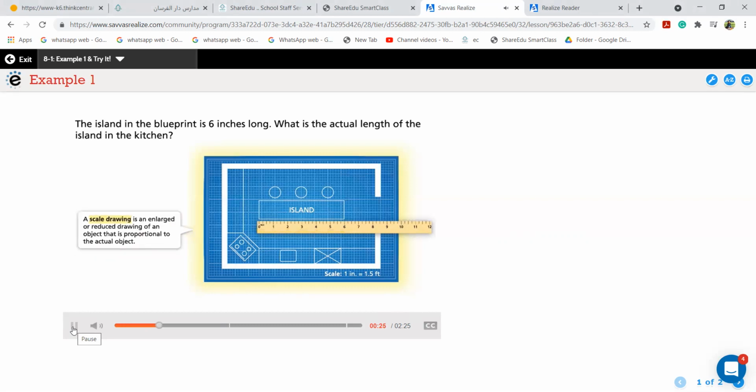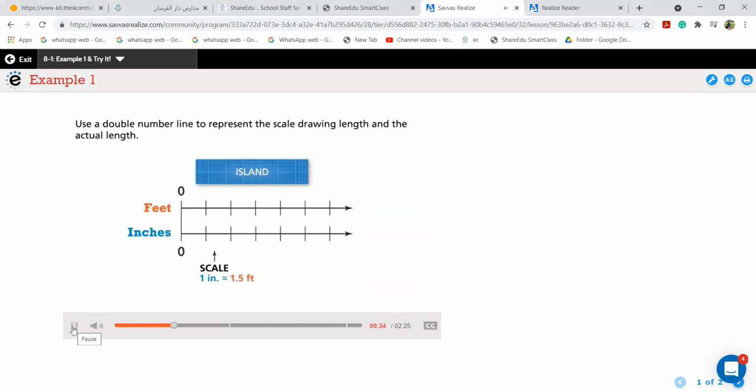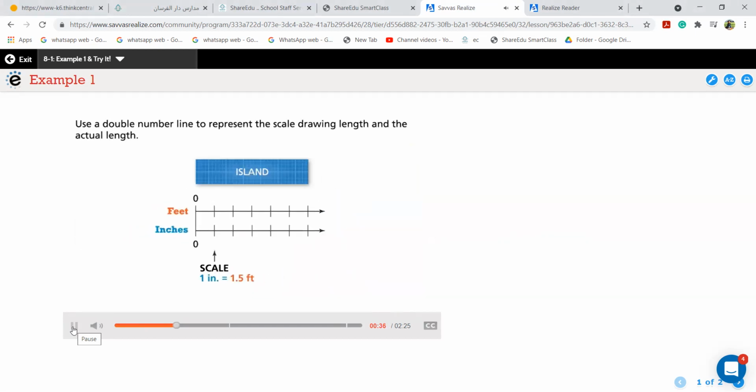A scale drawing is an enlarged or reduced drawing of an object that is proportional to the actual object. Here is one way to solve the problem. Use a double number line to represent the scale drawing length and the actual length. The scale is 1 inch for the blueprint, equivalent to 1 5/10 feet for the actual kitchen.